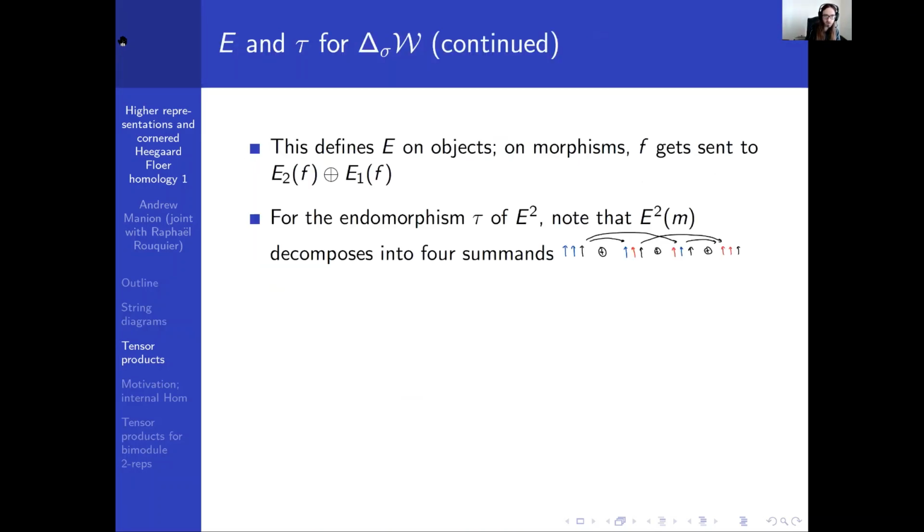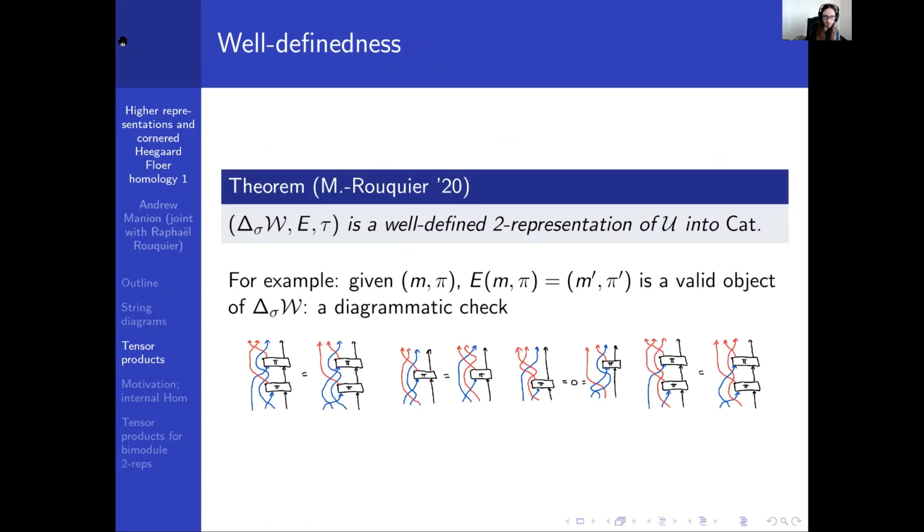And just for illustration, not to check this, this is what you get. These equalities, you can check using the rules that we've set up, and these are the equalities that amount to m prime pi prime being a valid object of delta sigma.